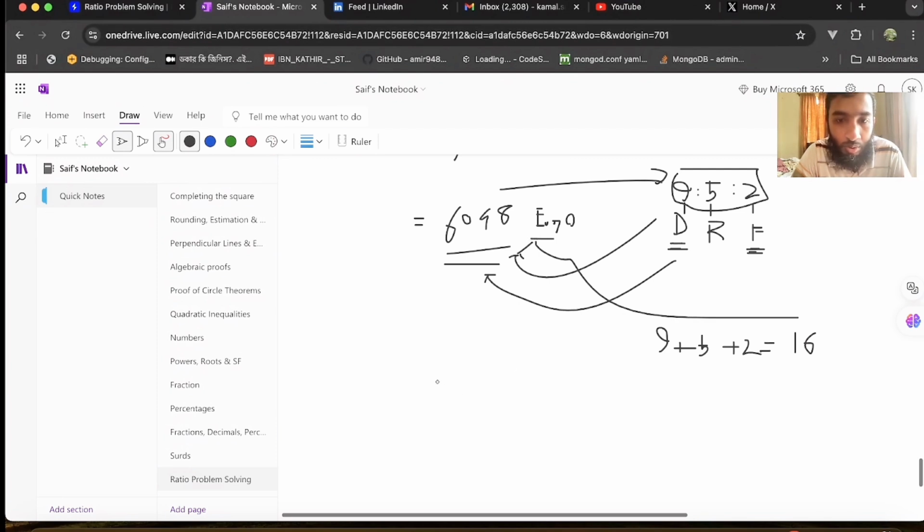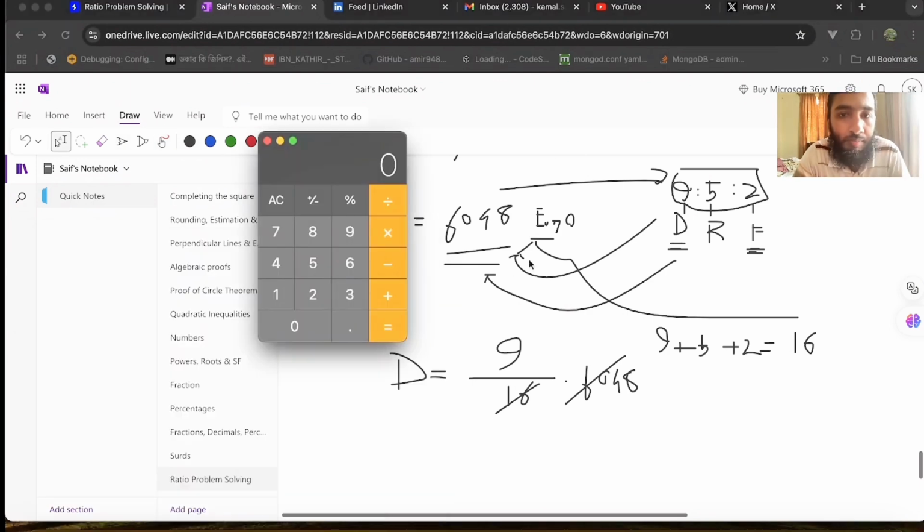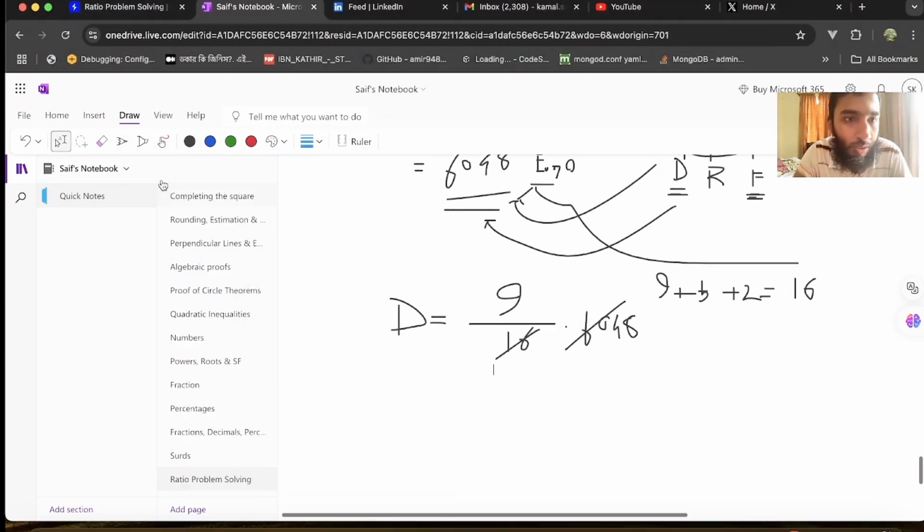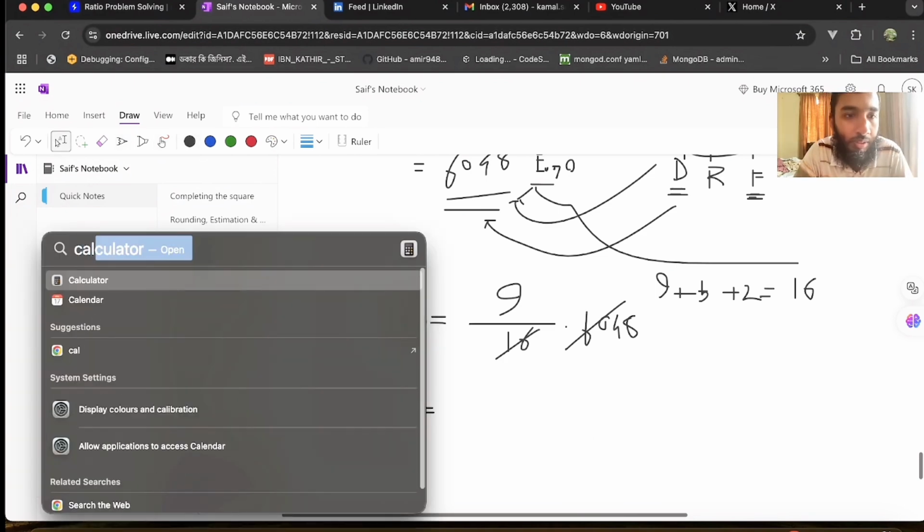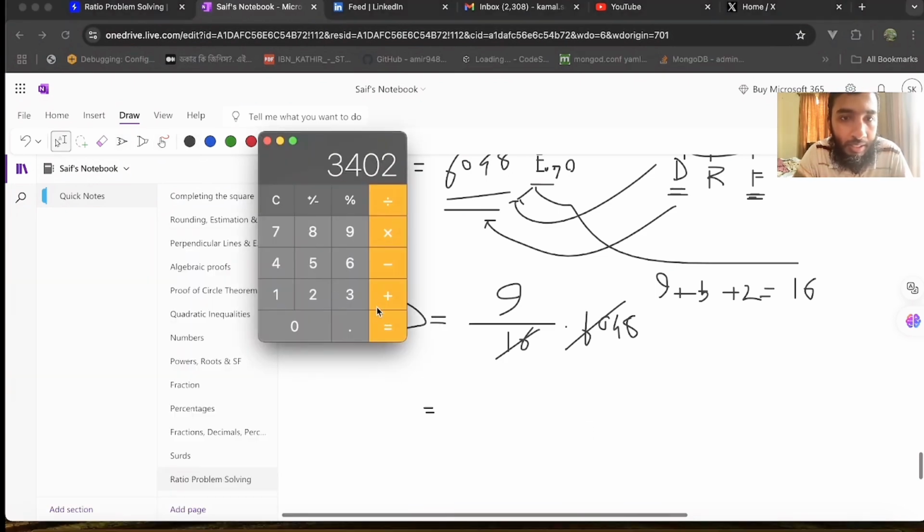So the amount of dollars is 9 out of 16 of 6,048. So if we divide 6,048 by 16, we get what? If I use my calculator, 6,048 divided by 16, we get 378. Okay, so 378 multiplied by 9 is what? If we use the calculator again, 378 multiplied by 9 is 3,402.